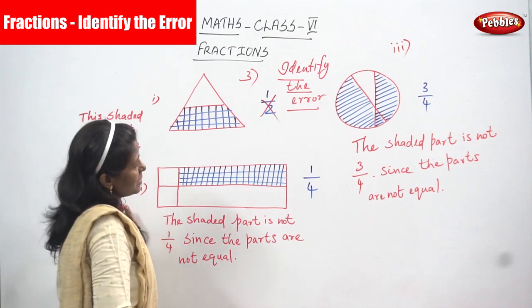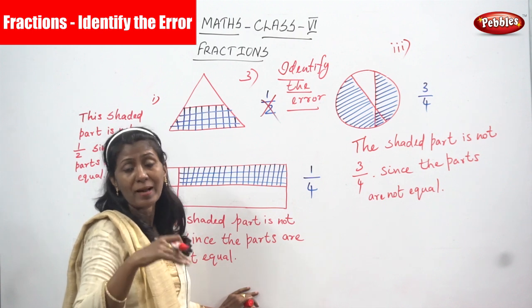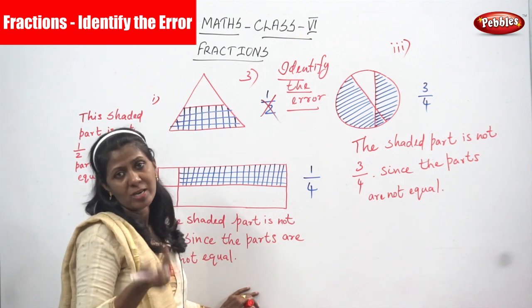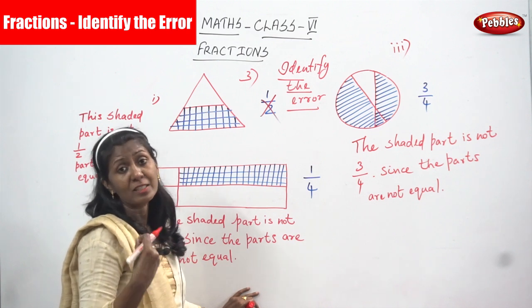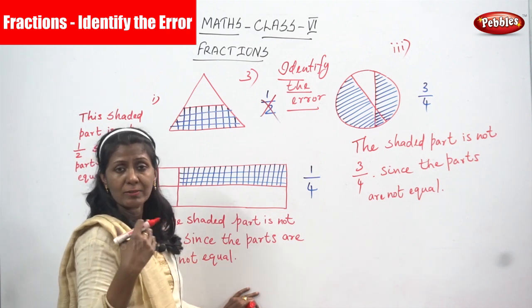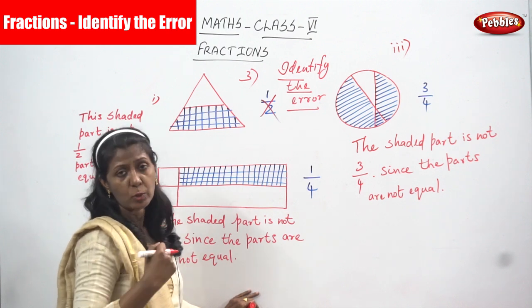While you go for a fraction, you have to cut into equal parts, then shade whatever portion the fraction given in the question indicates.